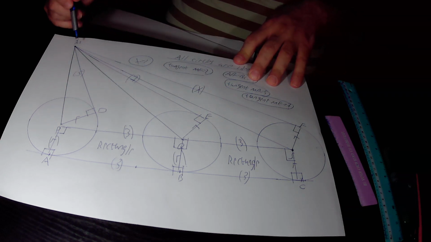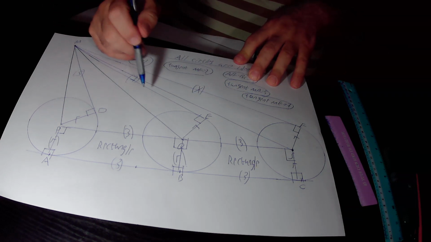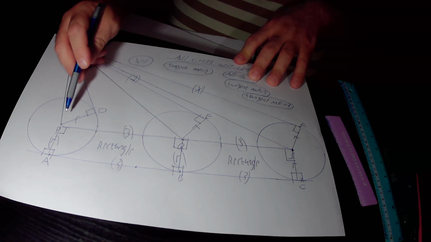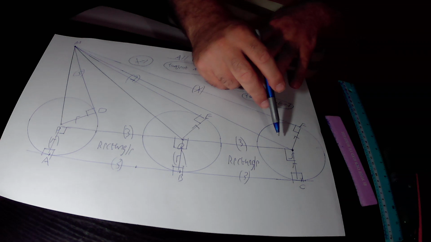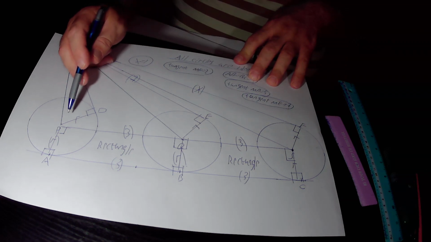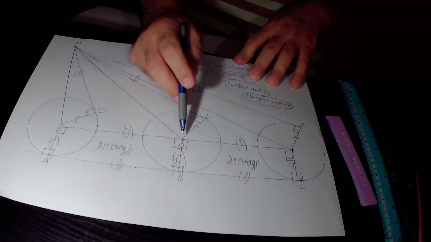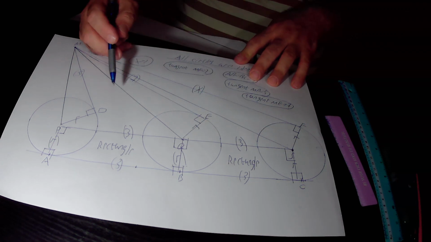That is to say, the median MQ divides side PS into two halves. Each half equals 3 units. PQ equals 3 and QS equals 3.